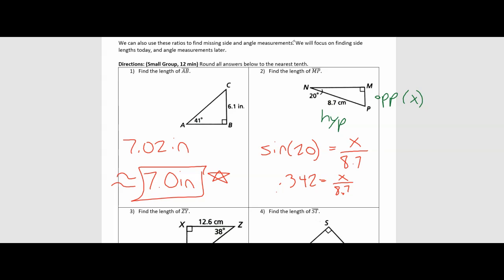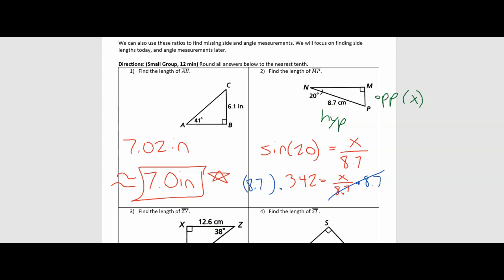Here, you could cross multiply. You don't have to. It would probably just be easier to think about it as multiplying both sides by 8.7. So multiply both sides by 8.7.